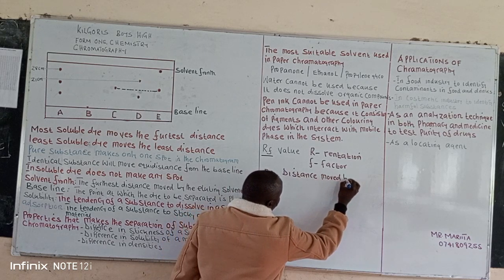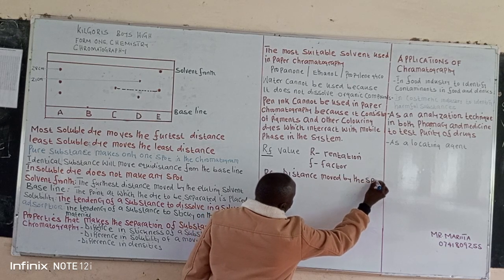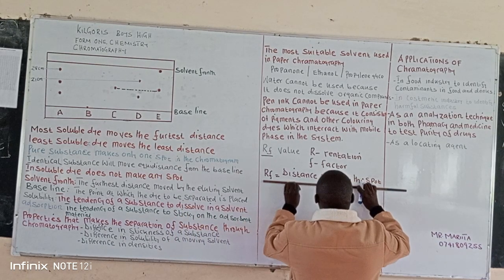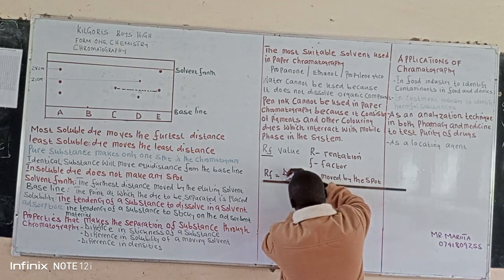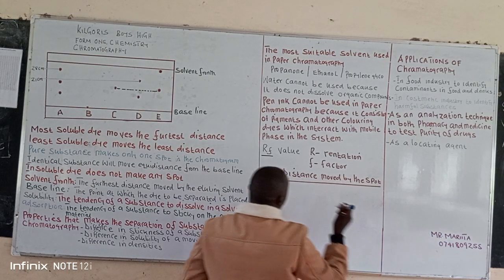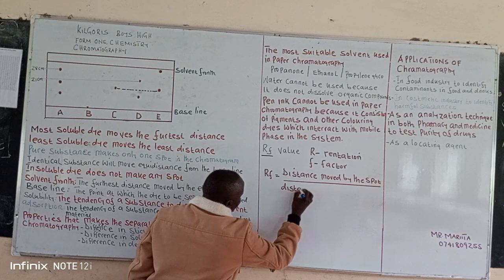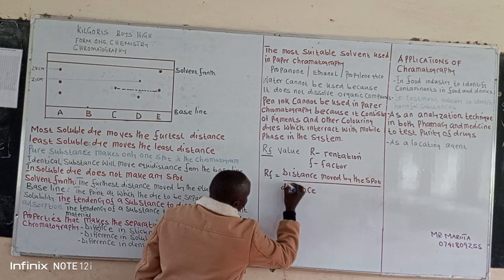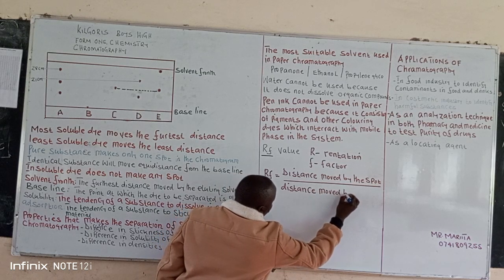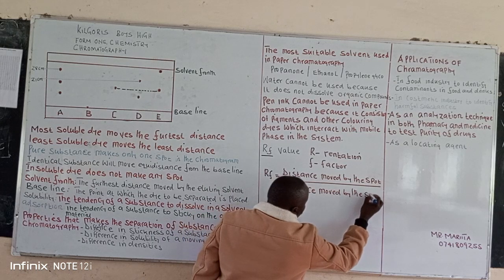The distance moved by the spot, and then you divide by the distance moved by the solvent.